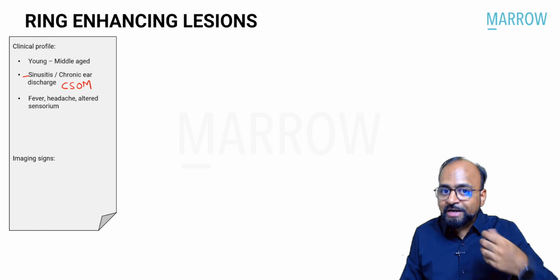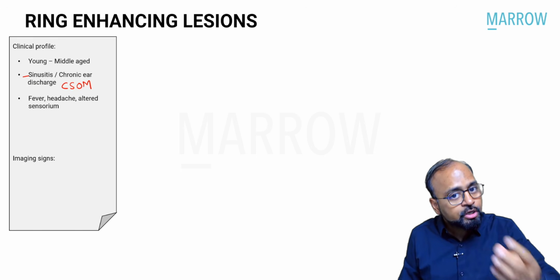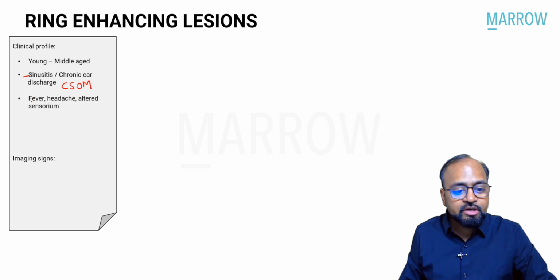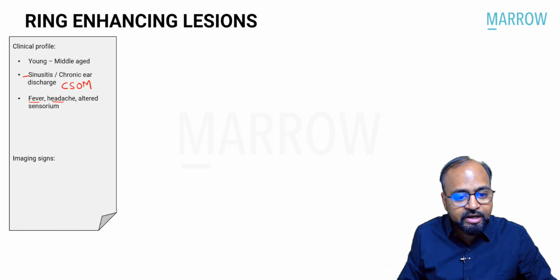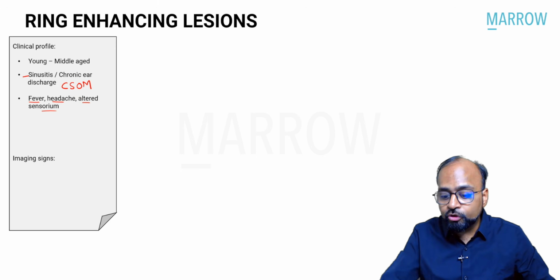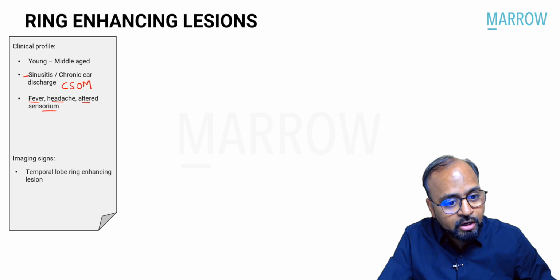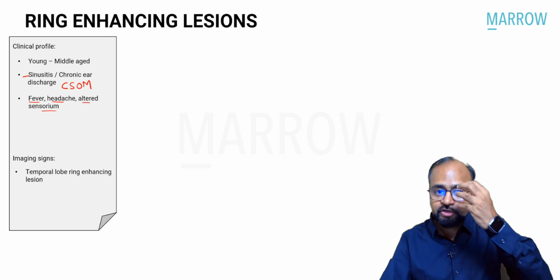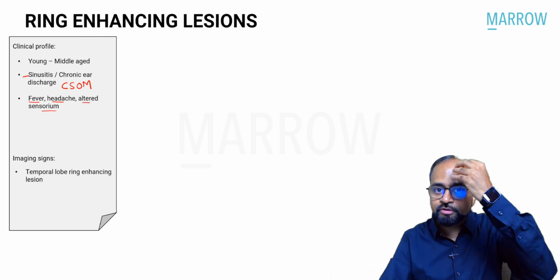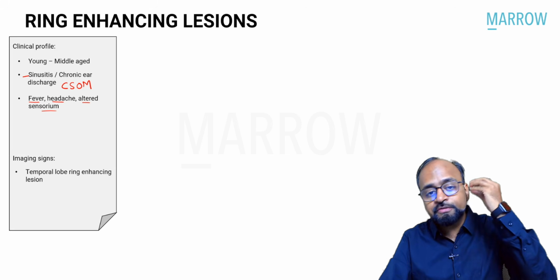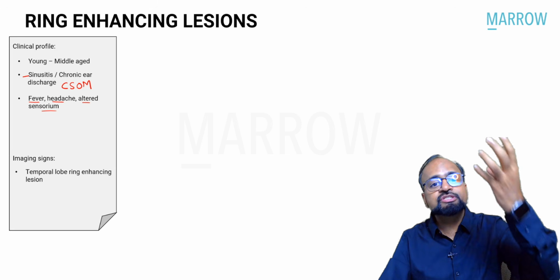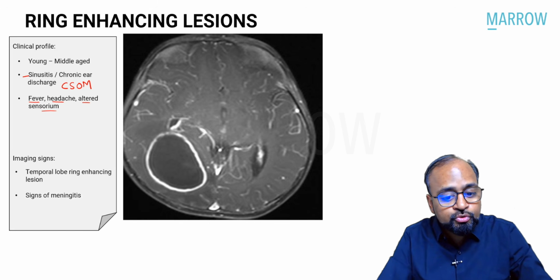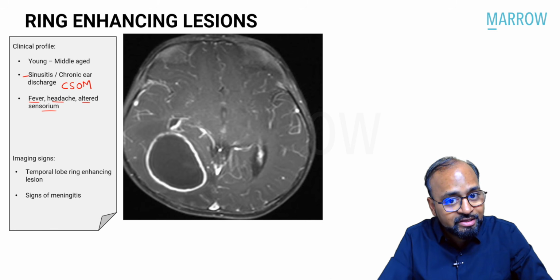The infection spreads from this primary source into the brain. So the patient now presents with fever, headache and altered sensorium. And what do you see on imaging? If the primary source of infection was in the frontal sinus, you'll see a lesion within the frontal lobe. If the infection was within the ear, you'll see a lesion within the temporal lobe. So you see a temporal lobe ring enhancing lesion.